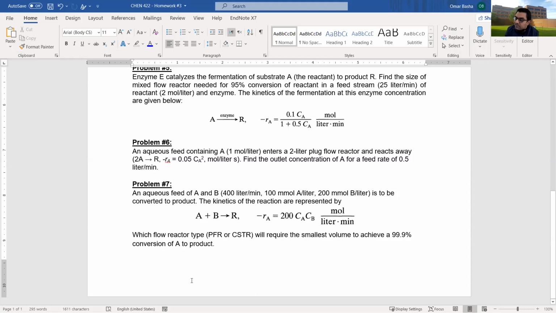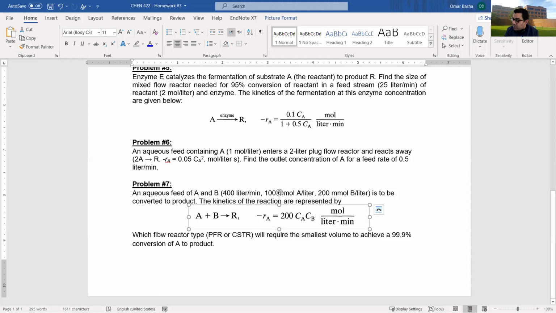Okay. So you're given a situation where I have an aqueous feed of two species, A and B. I'm given a volumetric flow rate of 400 liters per minute. I'm given an initial concentration of A of 100, an initial concentration of B of 200, and reaction rate kinetics.